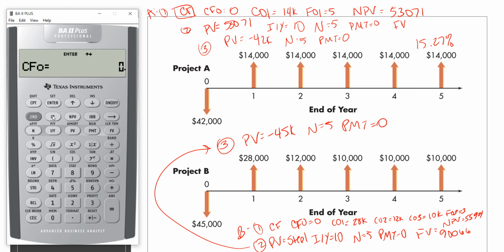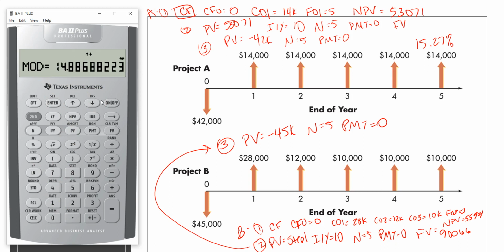So if we put in the cash flows for project B, it costs 45,000, then 28,000, 12,000, and 10,000 3 times. We push the IRR button, push compute, and then we scroll down. It asks us what the reinvestment rate is, and we can enter 10%, and it will give us our modified internal rate of return here.